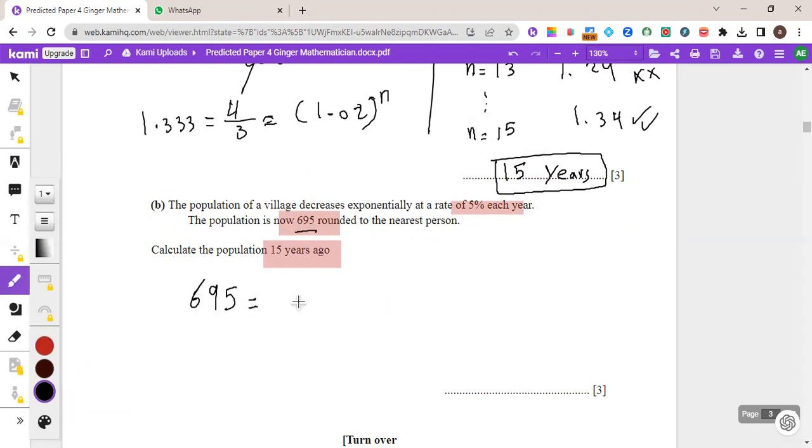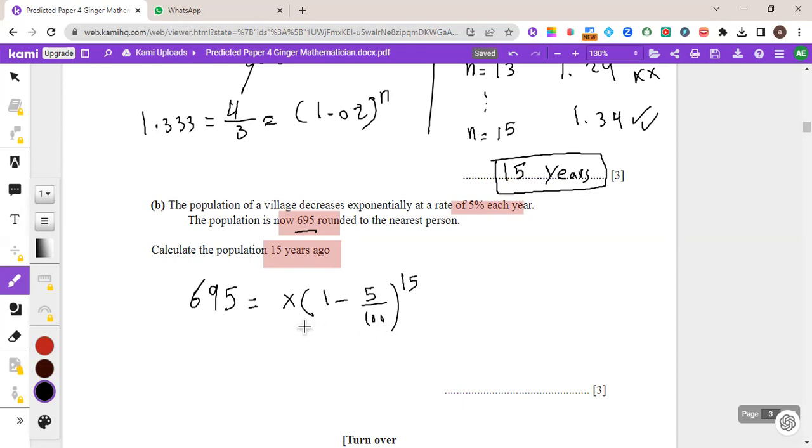So 695 equals a number I don't know, x, times 1 minus 5 over 100 to the power of 15, because he says 15.